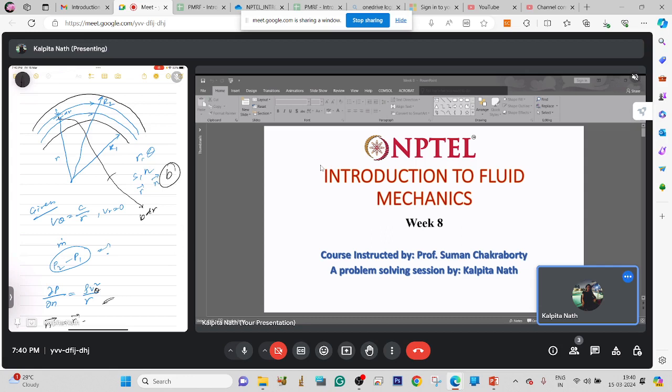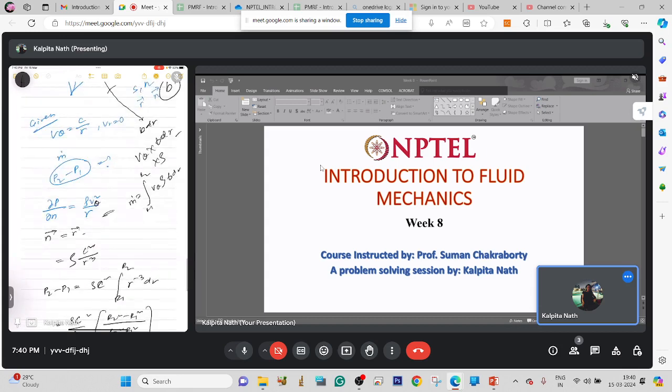Now the volumetric flow rate flowing through that strip is V theta, which is perpendicular to that area, multiplied by B dr. The mass flow rate is multiplied by density. So m dot will be equal to the integral from R1 to R2 of V theta rho B dr. That means V theta is equal to C by R.